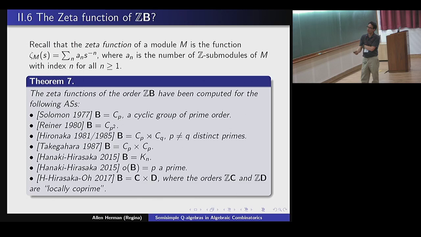And with Hirasaka and his student Seimin O, he did the case where you take the tensor product of two algebras of any of those types under a locally co-prime condition. This says that primes that ramify in C should not ramify in D, and vice versa.